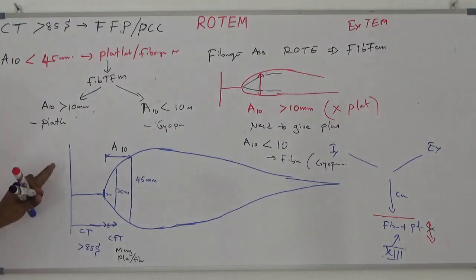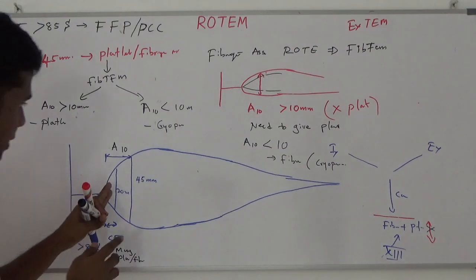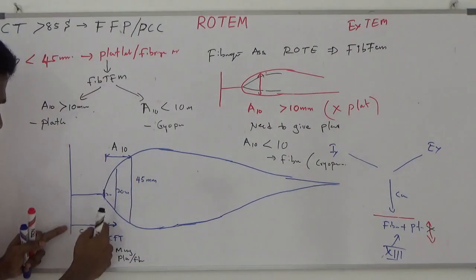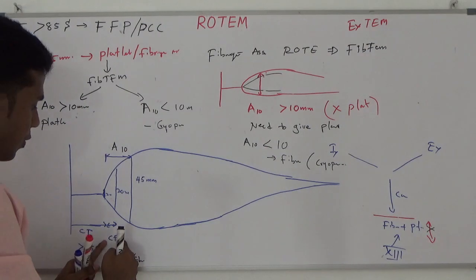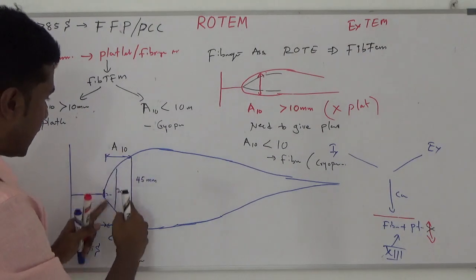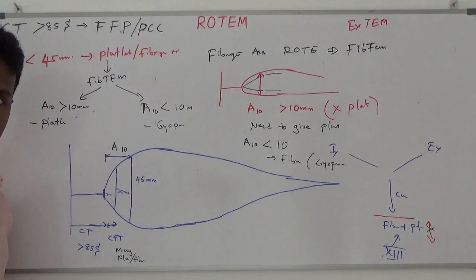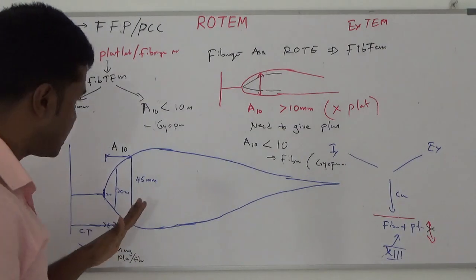Okay. Then what I am going to check is clotting time, clot forming time, and A10, which means the maximum length after 10 minutes of starting the coagulation process.